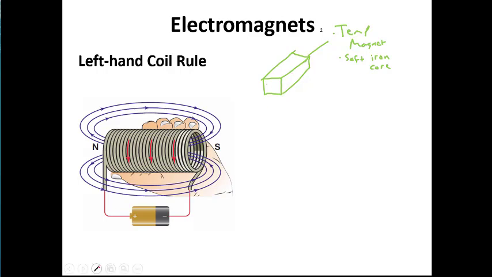Okay. So now what I'm going to do next is I'm going to take a DC supply and wrap around the DC supply my coil of wire.